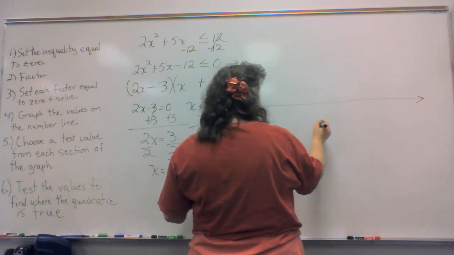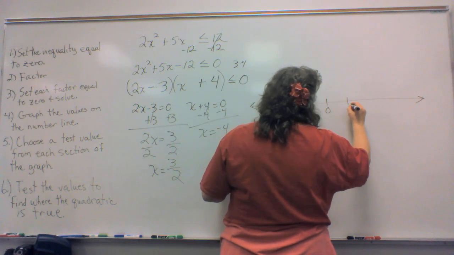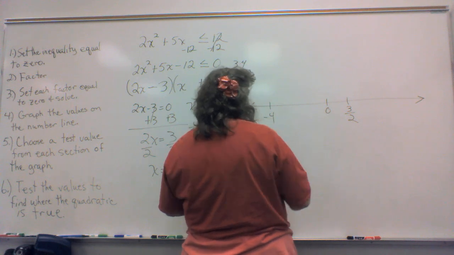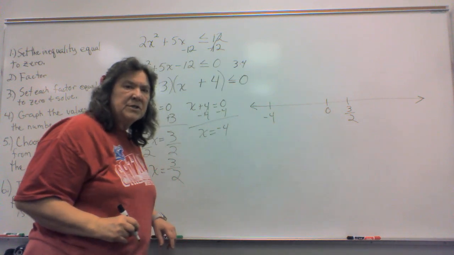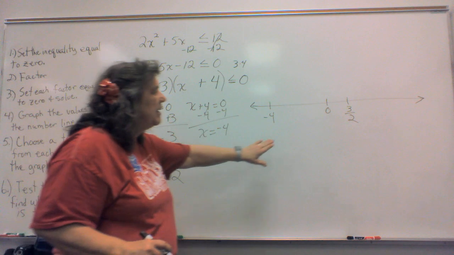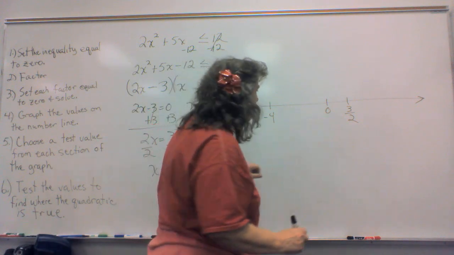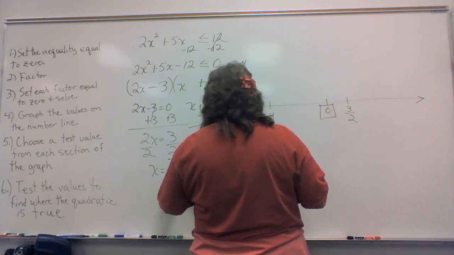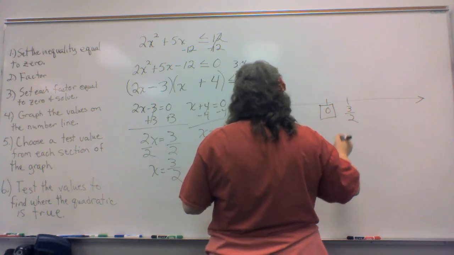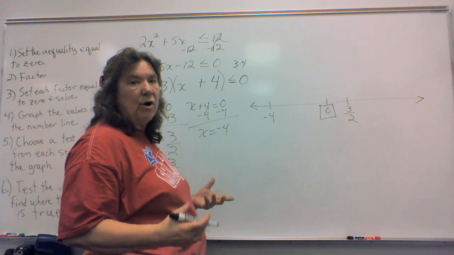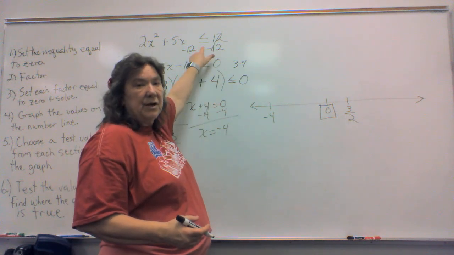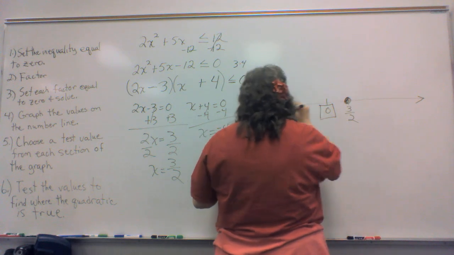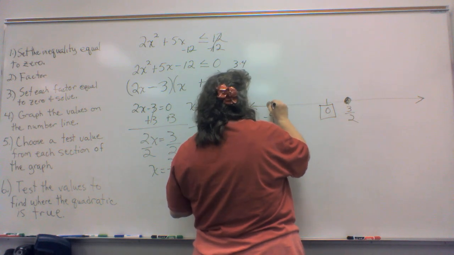I have a 0, here's 3 halves, and negative 4. I obviously already have one of my test values in my 0, because that's not part of the solution as such. 3 halves, is it going to be a solid circle or an open circle? Well, less than or equal, it's going to be a solid circle, and so will the negative 4.